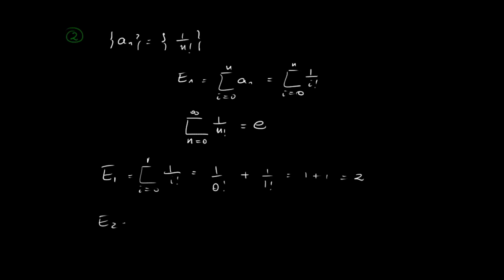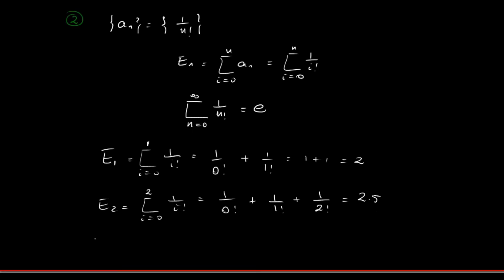Now the second element will be the sum from i equals 0 to 2 of 1 over i factorial. And this is 1 over 0 factorial plus 1 over 1 factorial plus 1 over 2 factorial. And this is 2.5.